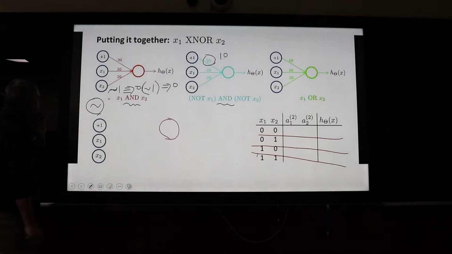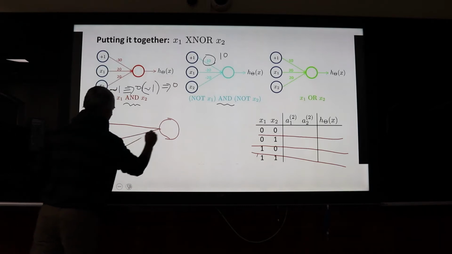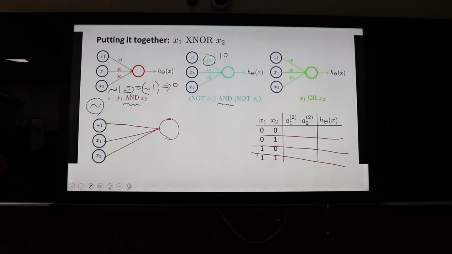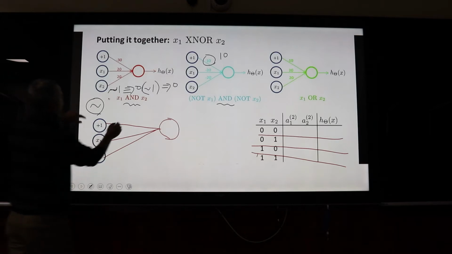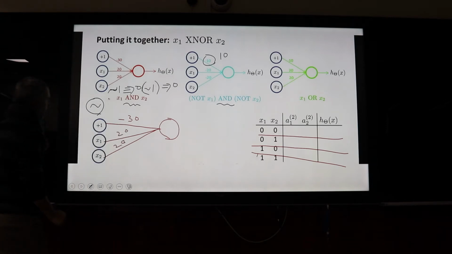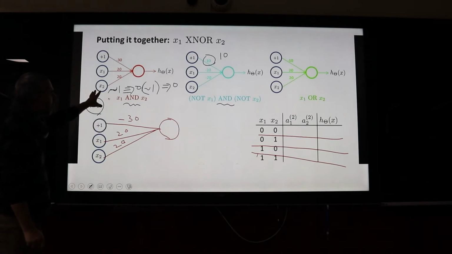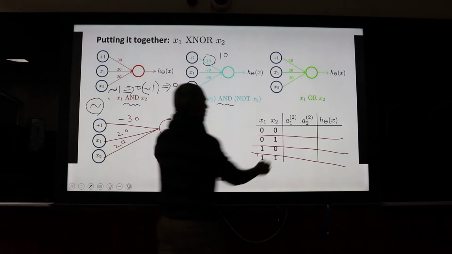For the first activation function, we will need to consider the weight parameters for this one: minus 30, 20, 20. So in this situation, what will happen if we are talking about this first activation?